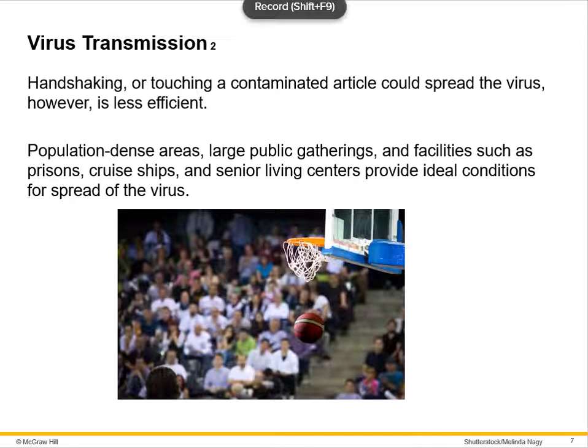Human gathering and physical proximity will optimize transmission of this virus, which is primarily a respiratory virus. The hands can also bring the virus, by touching a contaminated surface and bringing the virus in contact with the body, as well as airborne or droplet transmission happening in population-dense areas.